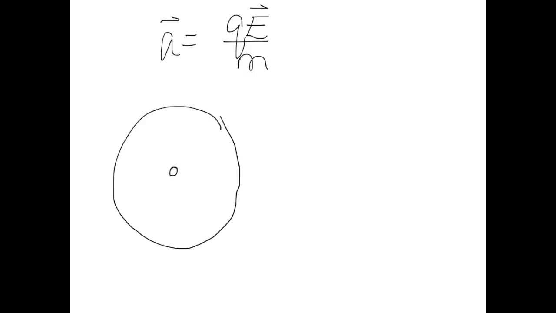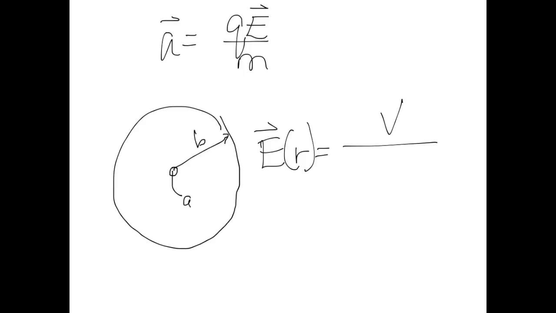We had the cylindrical geometry where my cathode radius is B, my anode radius is going to be little a, and we would measure our electric field at some position r as V, which is the applied bias, divided by r times the natural log of b over a. That's how we solve for the electric field within a cylindrical geometry.